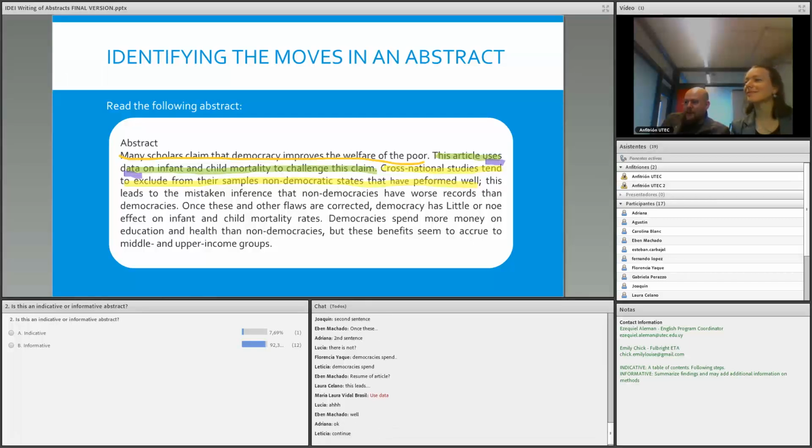Where is move 4? Where are the conclusions of this article? The results, sorry. Where are the results?